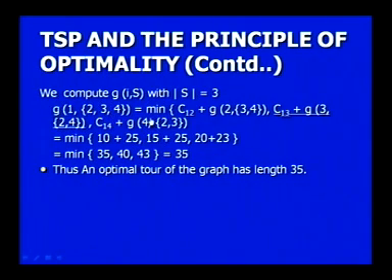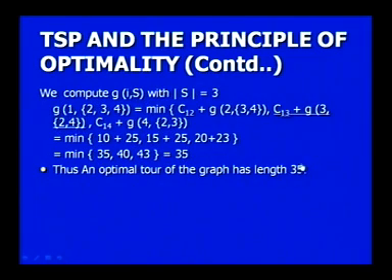Again you can see very well by our logic it is the minimum of: 1 to 2 going via 3, 4; then the cost of reaching 1 to 3 and going via 2, 4; and the cost of reaching 1 to 4 and going via 2, 3. These are earlier values. So, by substituting them into this equation we can find that it is 35.